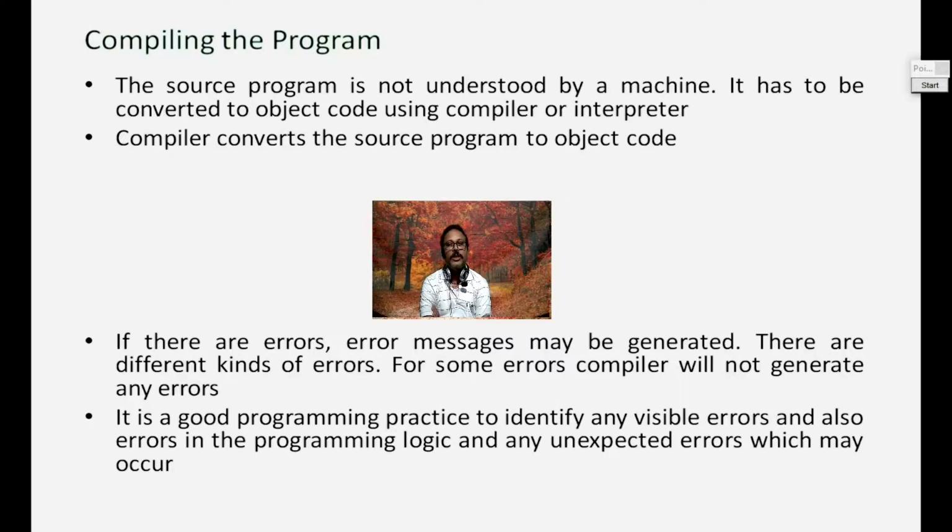Please don't do it. The compiler is written by highly intelligent people, so it generates appropriate error messages. Try to understand that error message and then correct the error. It also provides information about where the error is, like the line number, etc. So make use of it.